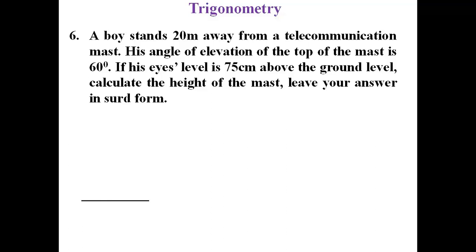Here we have the horizontal ground, the telecommunication mast, the height of the boy, and since the boy is 20 meters away from the mast, this is the line of normal of the boy, and this is the line of sight from the boy to the top of the mast, and the boy is making angle 60 degrees.